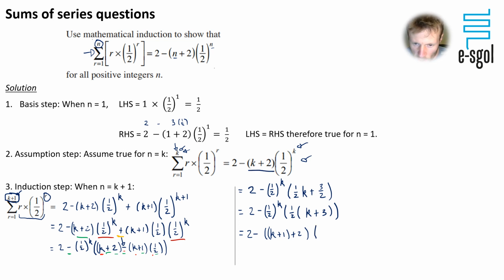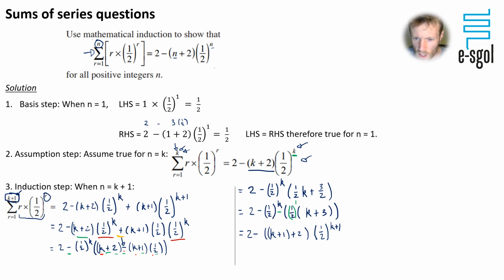And then we've got a half to the power of k plus 1, because my k here and my half to the power of 1 here, I've just added the two powers together. And I'm just going to double check what I needed it to look like.